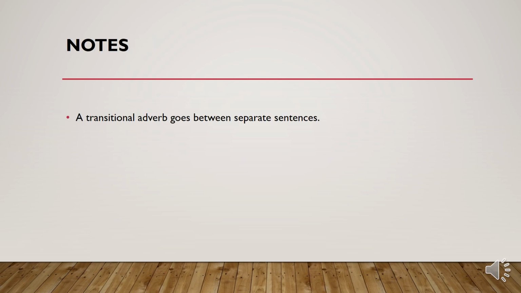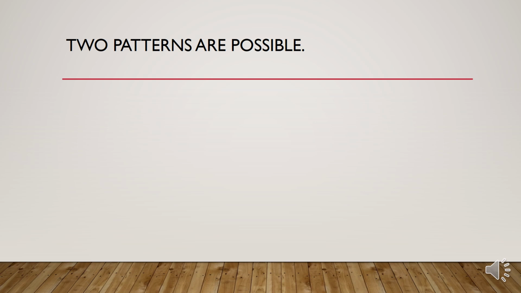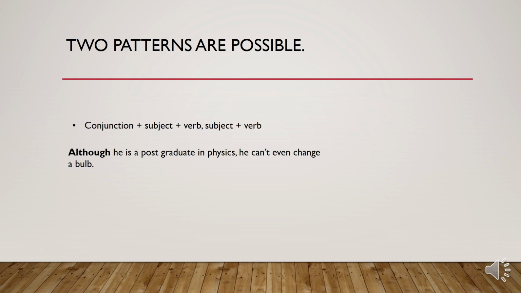A transitional adverb goes between separate sentences. Some people want a new system. However, comma, not everybody agrees. So here it's between separate sentences, we have to use a transitional adverb. Other patterns are possible, as we said: subject, verb, comma, he can't even change the bulb.